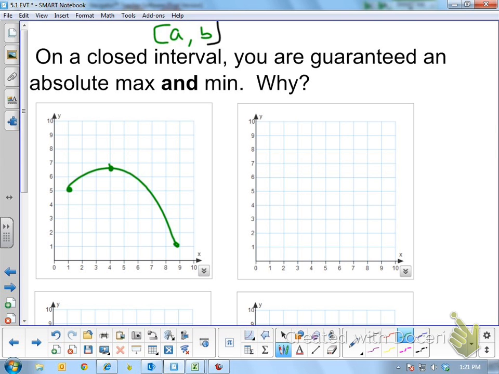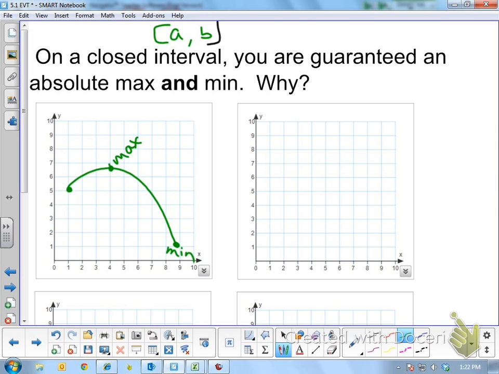I was just looking at 6.5 on the x-axis. Yes, so that's about our maximum. What about our minimum? It's right where it is. This right endpoint is our minimum. Even though there's nothing going on with our graph after that, our endpoint can count as a minimum.